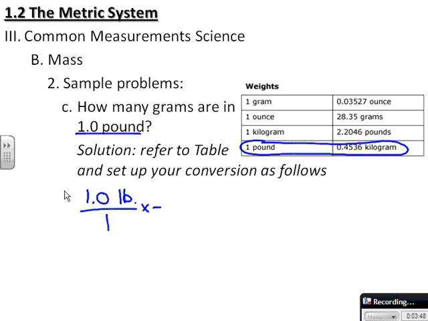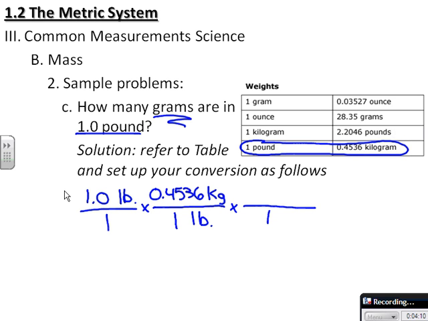The conversion factor we have here is that 1 pound is equal to 0.4536 kilograms. But remember, we want to go to grams. So that means we need to add one more conversion factor here.